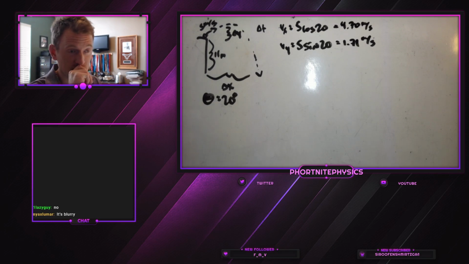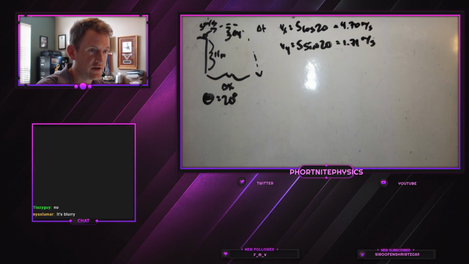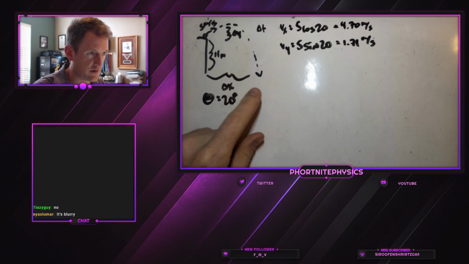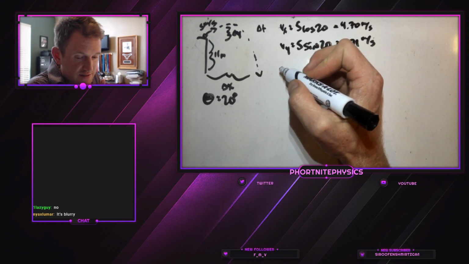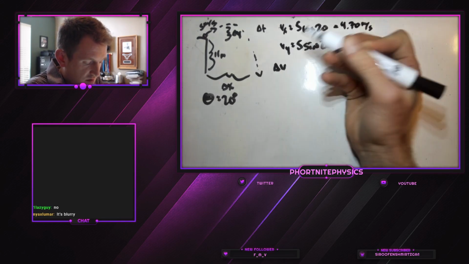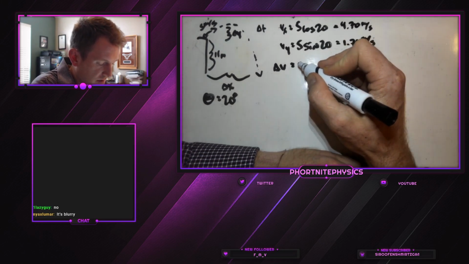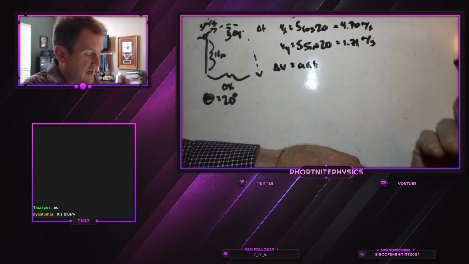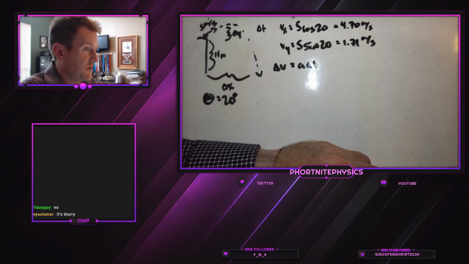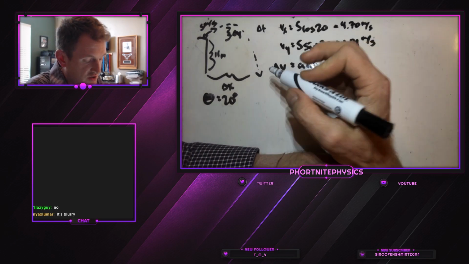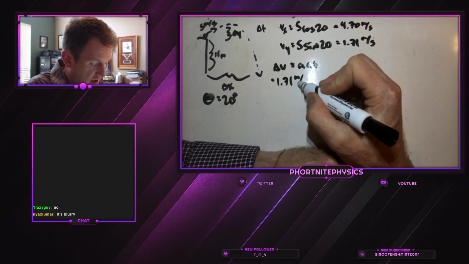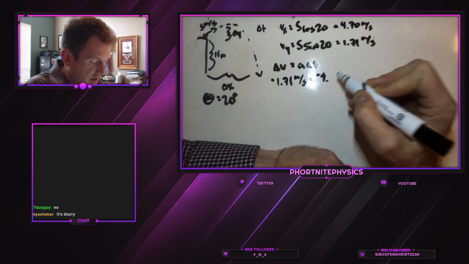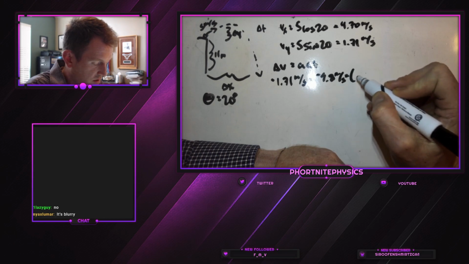The way we do that is we figure out how long the ball rises into the air, and then how long it takes to fall from the very top all the way to the bottom down here. We start with Vy and see how long it takes to rise to the top. Delta V equals a delta t, and it slows down to 0 at the very top, so our change in velocity is negative 1.71 meters per second, and that equals negative 9.8 meters per second squared multiplied by the time.